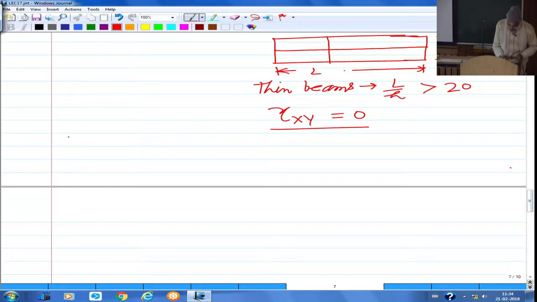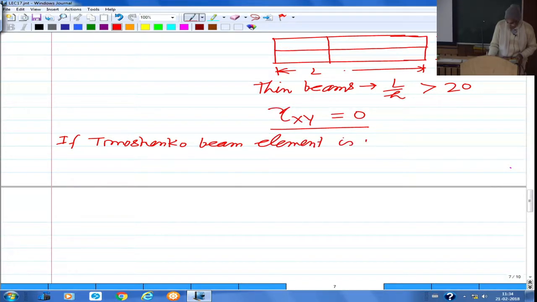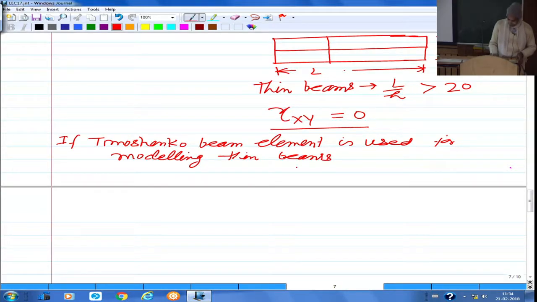The question I am posing is, if Timošenko beam element is used for modeling thin beams, what would happen?